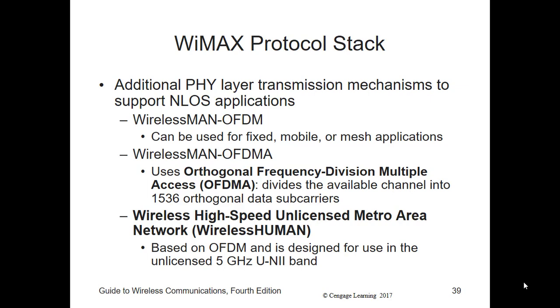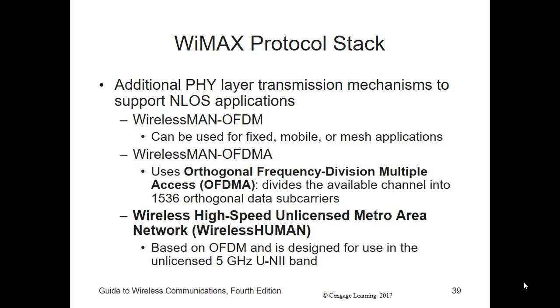These subcarriers are then grouped into subchannels, and each SS is allocated a subchannel, allowing multiple stations and the BS to communicate in a single transmission. Here again, the number of data subcarriers is dependent on the channel width.